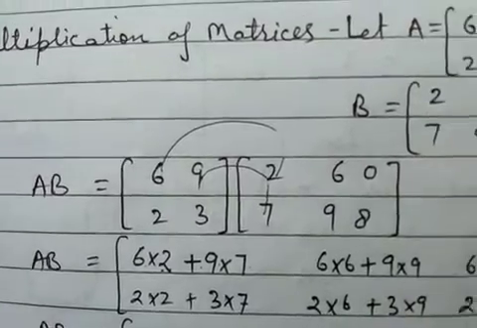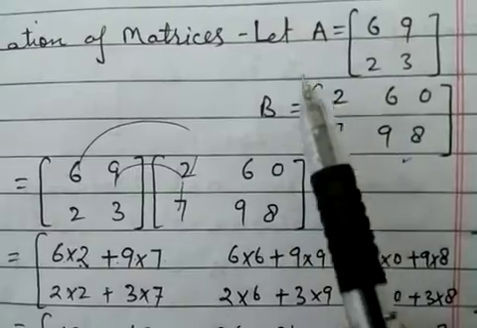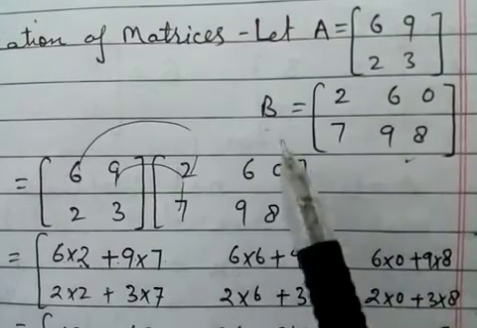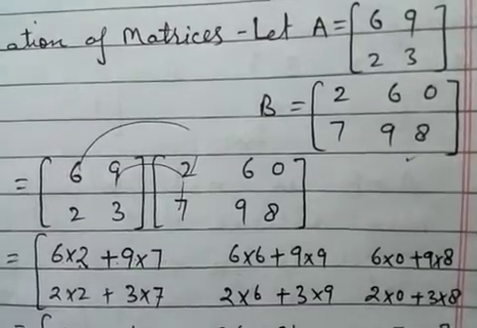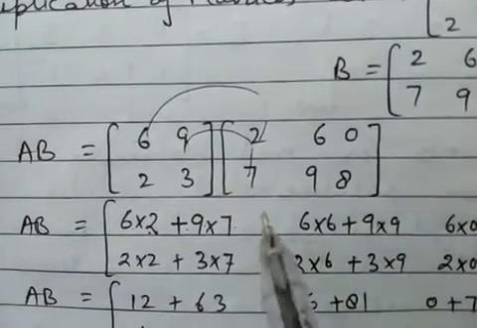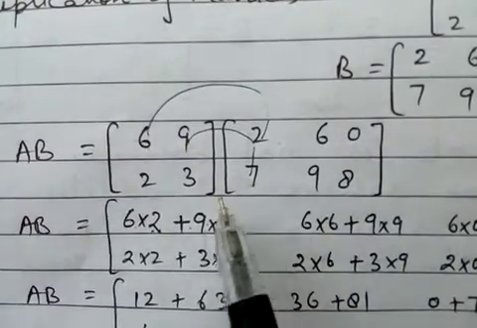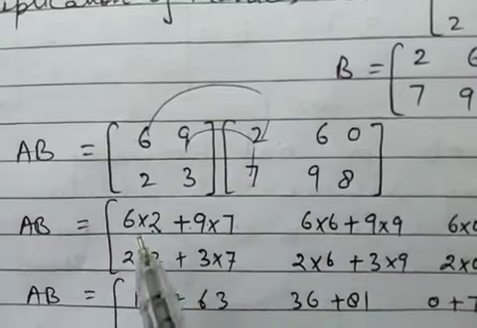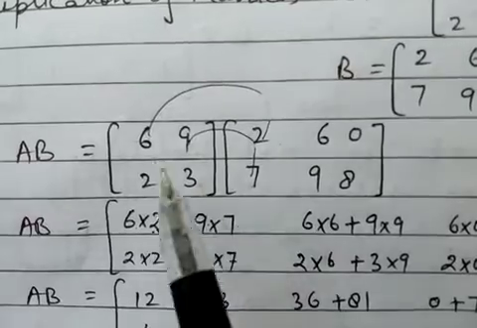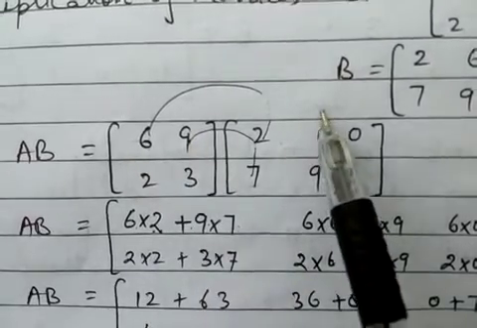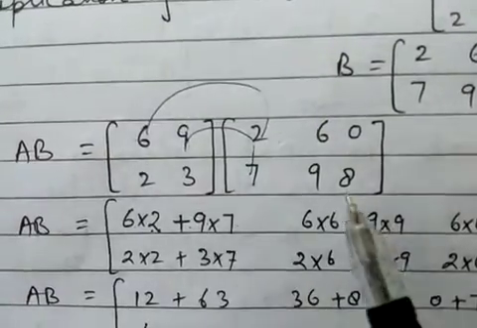Multiplication of matrices. Let A and B be any two matrices. Matrix A order is 2 by 2, matrix B order is 2 by 3. So in multiplication we have to multiply row with column. We can write here 6 multiplied by 2 plus 9 multiplied by 7 to make an element. Then the same row multiplied by the second column: 6 into 6 plus 9 into 9.